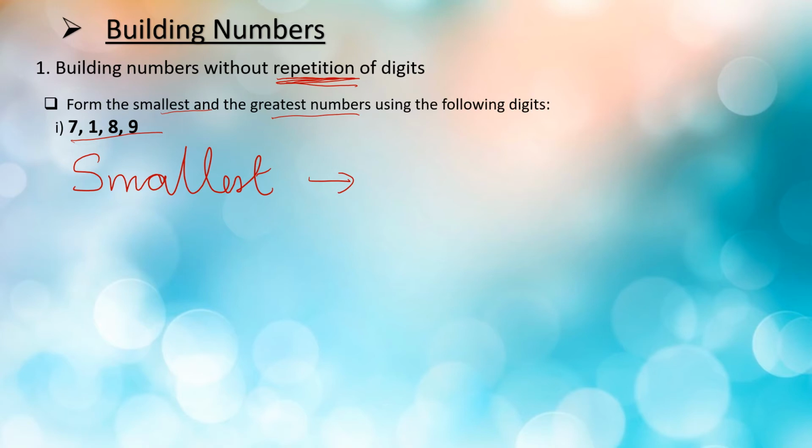Ascending order means from smallest to largest. The smallest digit here is 1. So you arrange 1, then 7, then 8 and then 9. The smallest possible 4-digit number is 1789.